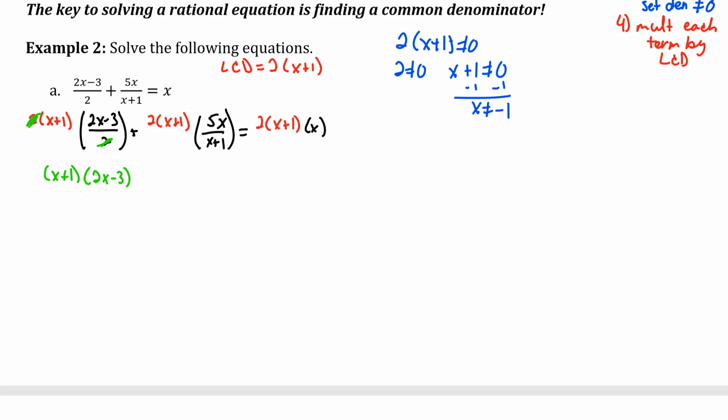I've gotten rid of that denominator. Plus, this x plus 1 cancels with this x plus 1, leaving me with a 2 times a 5x. Now on this other side, I don't have anything that cancels out, so I just have a 2 times an x plus 1 times an x.